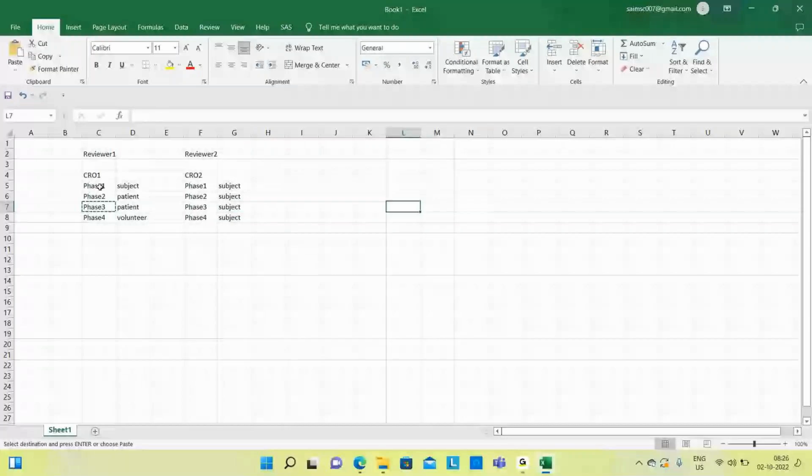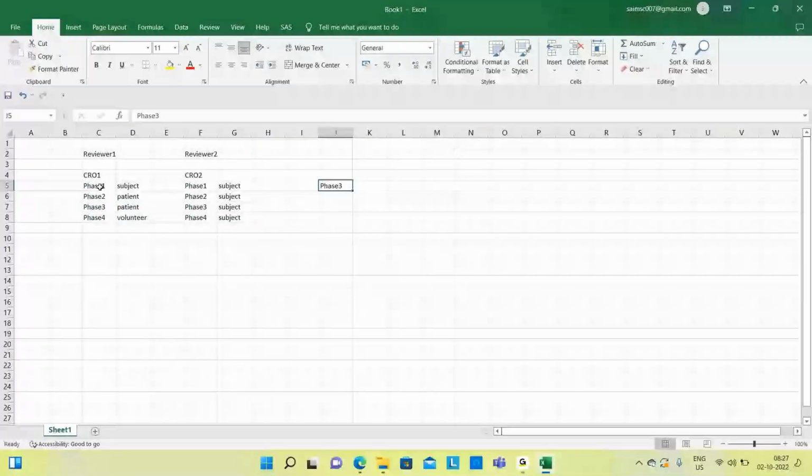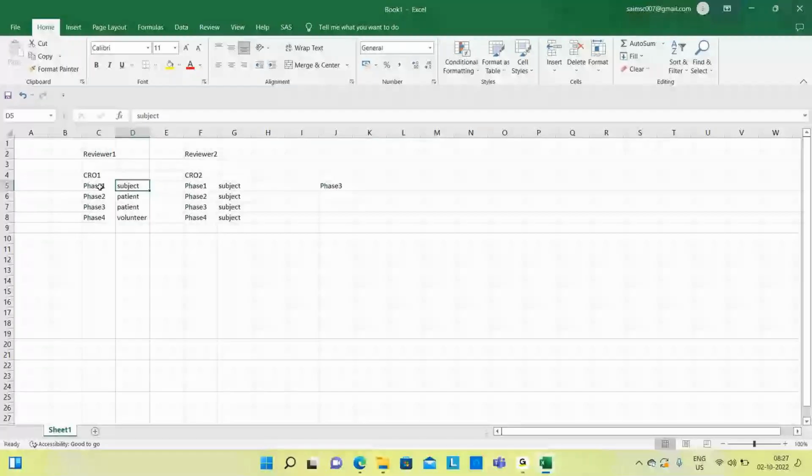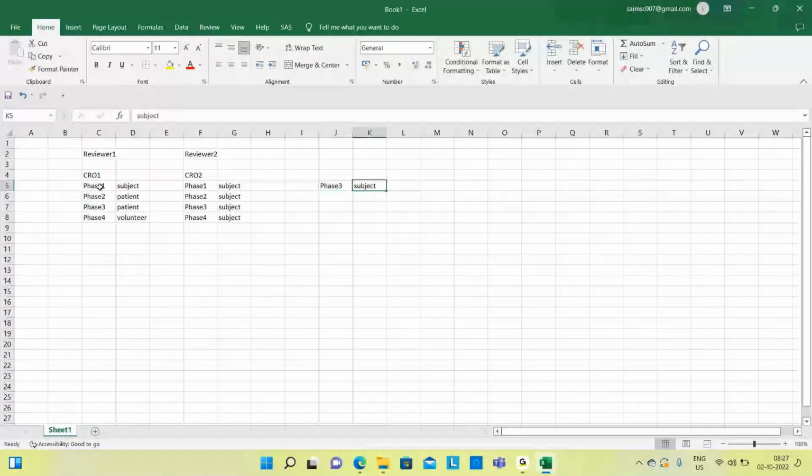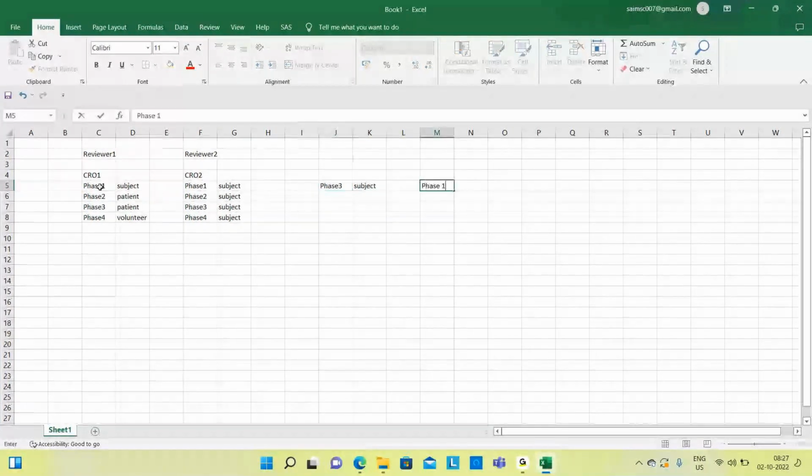In phase 1, you can see here, it is subject. So in phase 1 the terminology is subject. Unfortunately, in place of the phase 3 checklist, he brought the phase 1 checklist. The moment he saw the subject terminology, he got the phase 1 checklist.